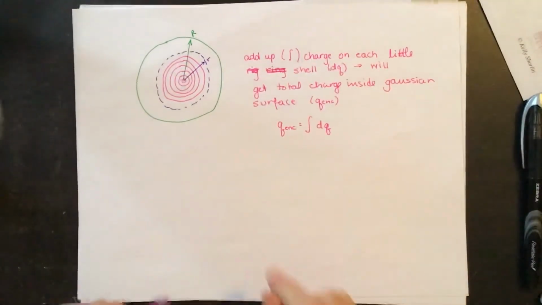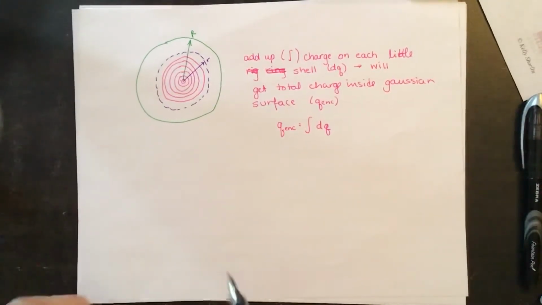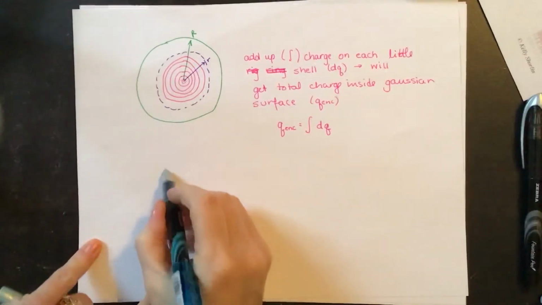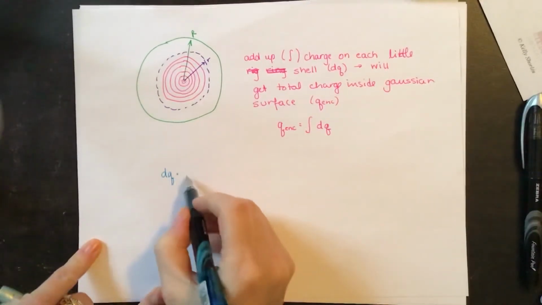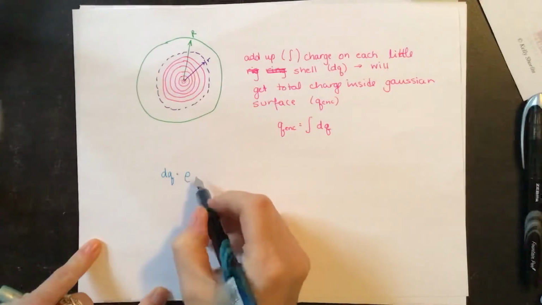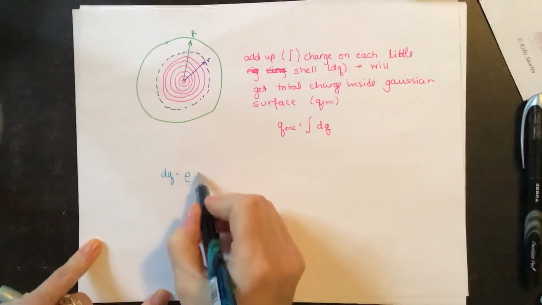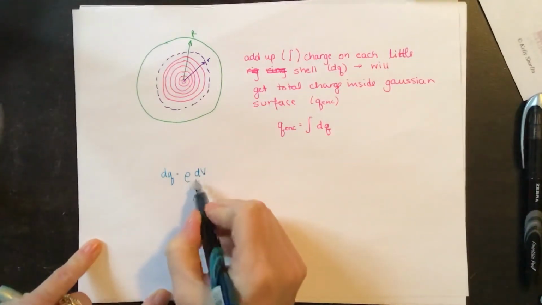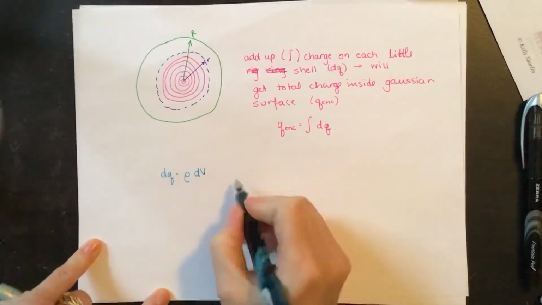So what is dq? That's a good next question. dq is the amount of charge on each little shell. dq, the amount of charge, is the density times the volume. And the volume of each little shell we'll call dv. So d because it's a little bit, v for volume.